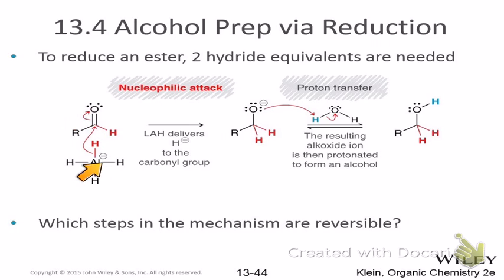But here, lithium aluminum hydride can be used to take a carboxylic acid, oxidation state +3, and convert it to an alcohol, and this oxidation state is, yeah, -1. You can use lithium aluminum hydride to do that. You can use it to reduce an ester to a primary alcohol.